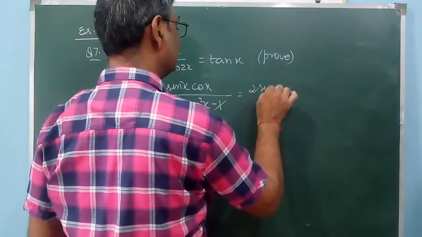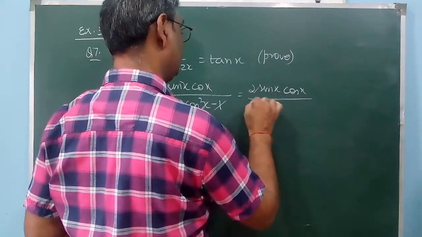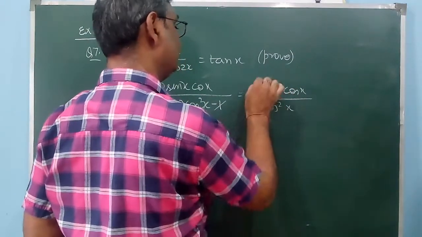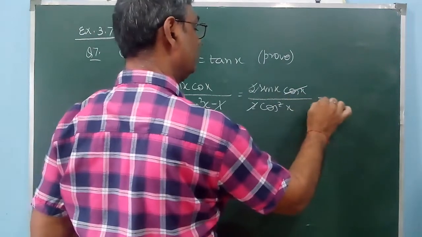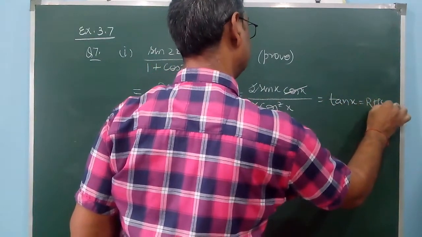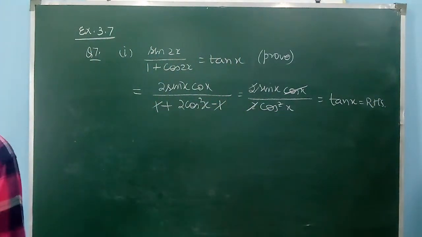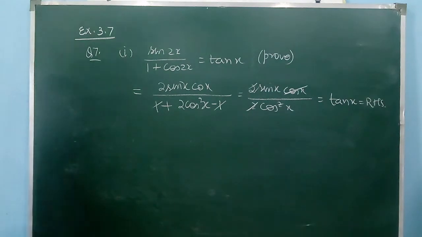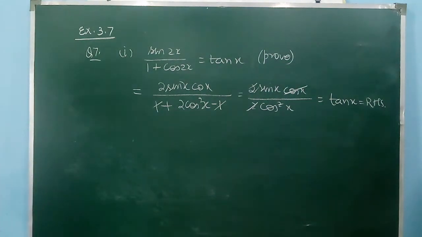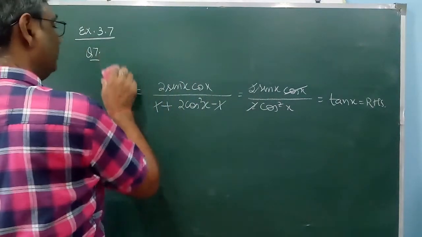So 2 sin x cos x upon 2 cos square x, 2 gone, cos x gone. So it is tan x. Second and third part are like this only. You have to just put the formula. I will be doing the fourth part.